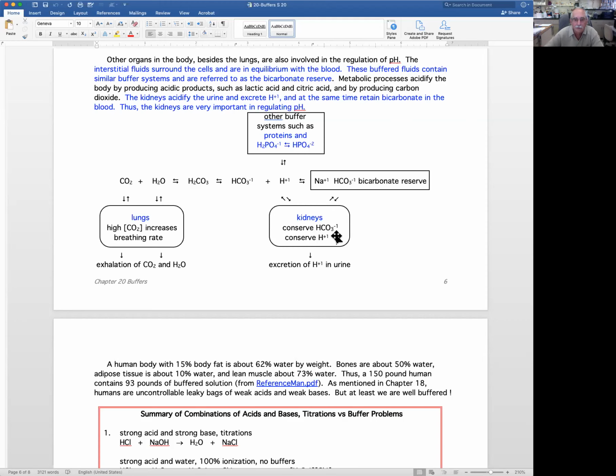So the kidneys are really important in helping your body maintain its pH. So somebody with decreased kidney function is going to have a harder time maintaining their metabolic pH correctly. So that's another thing to be considered.